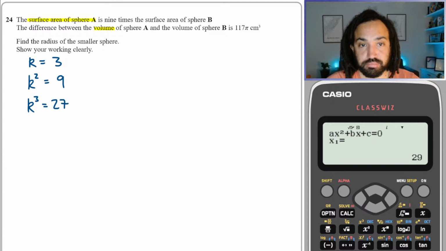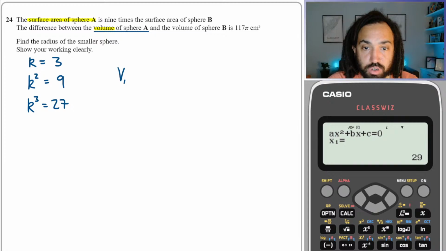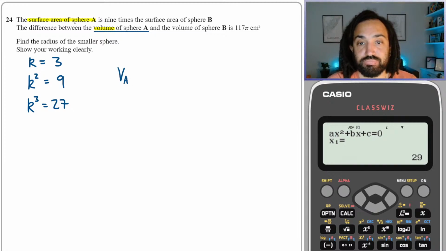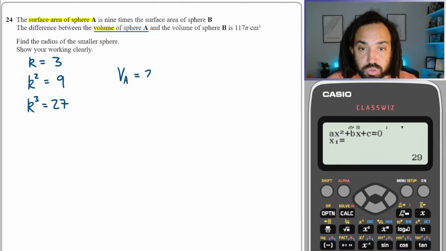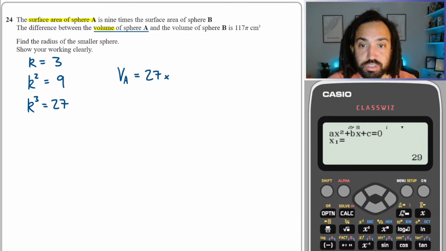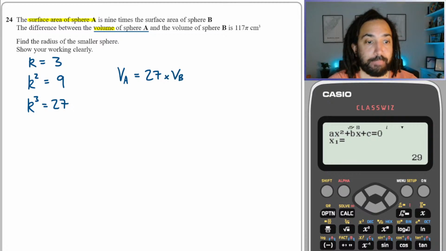Okay, great. So now it means we can convert between the volumes. So the volume of A is equal to, it's the bigger one, right? Yeah, A is the bigger one. So it's equal to 27 times the volume of B, like so.